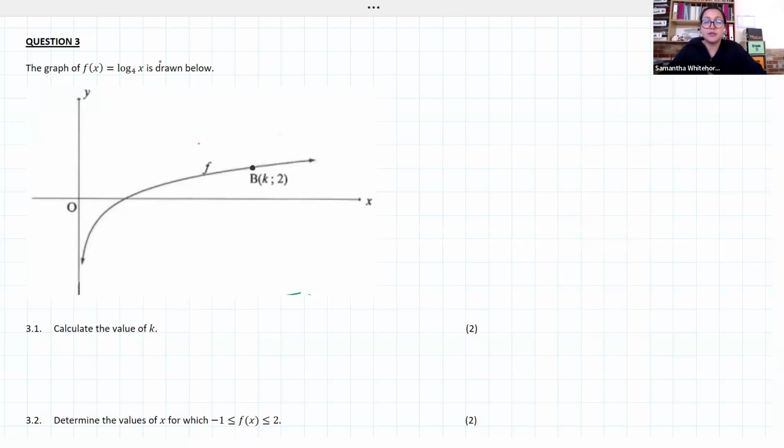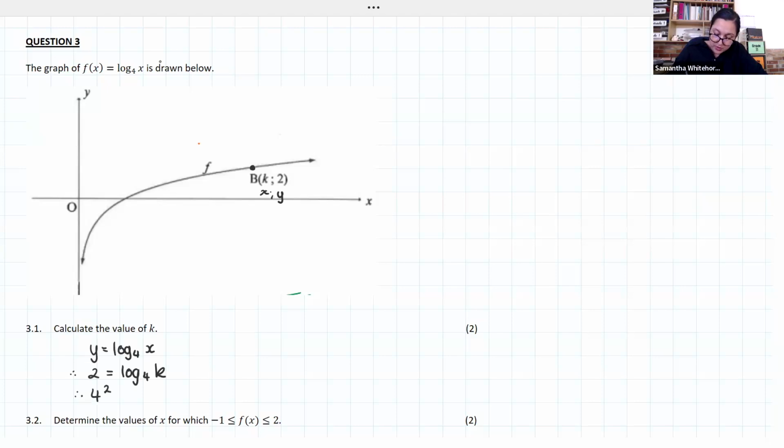Now it's the same as what we said earlier. We've got an equation. We have a coordinate, x, y. Sub it in and solve. So y is equal to log base 4 of x. We're going to sub in our coordinate. So 2 is equal to log base 4 of k. We can't solve this on a calculator. We are going to have to convert to the exponential.